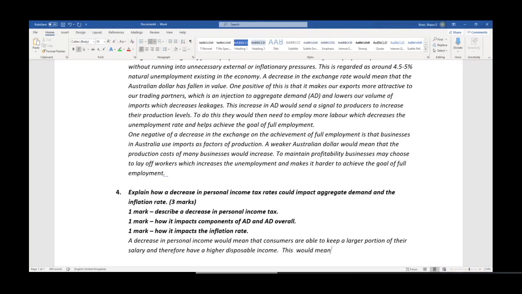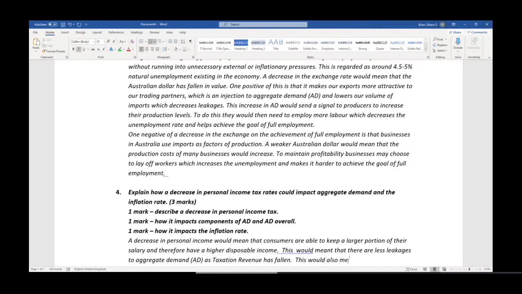This would mean that there are fewer leakages from aggregate demand as taxation revenue has fallen.